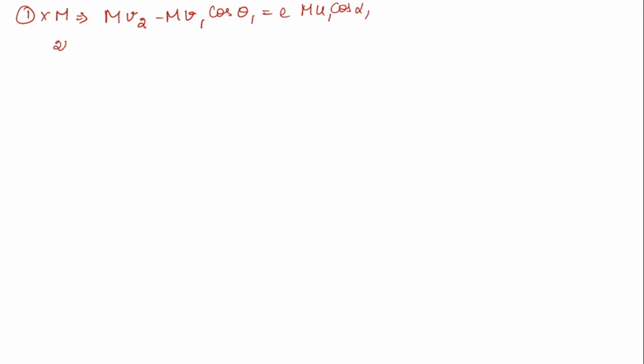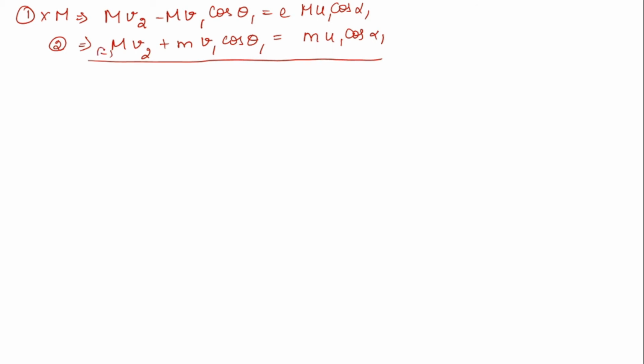Similarly, the second equation will be capital M into V2 plus small m into V1 cos theta 1 equal to small m into U1 into cos alpha 1. So when I subtract these two equations, it will be minus m V2 minus m V1 cos theta 1 minus m U1 cos alpha 1.